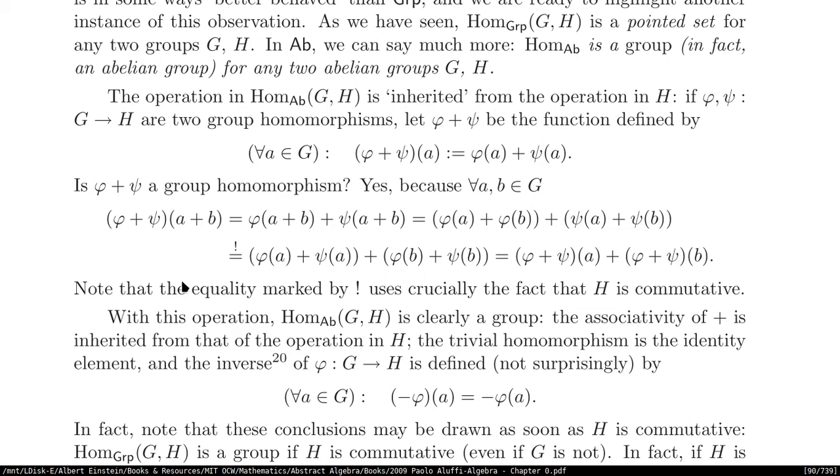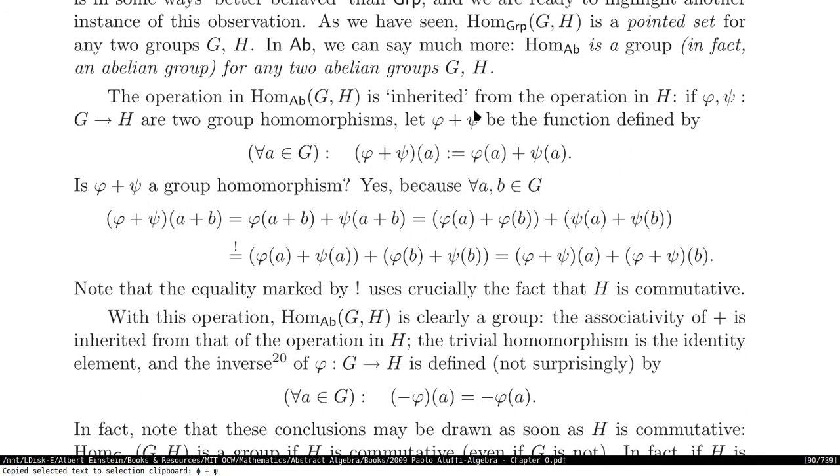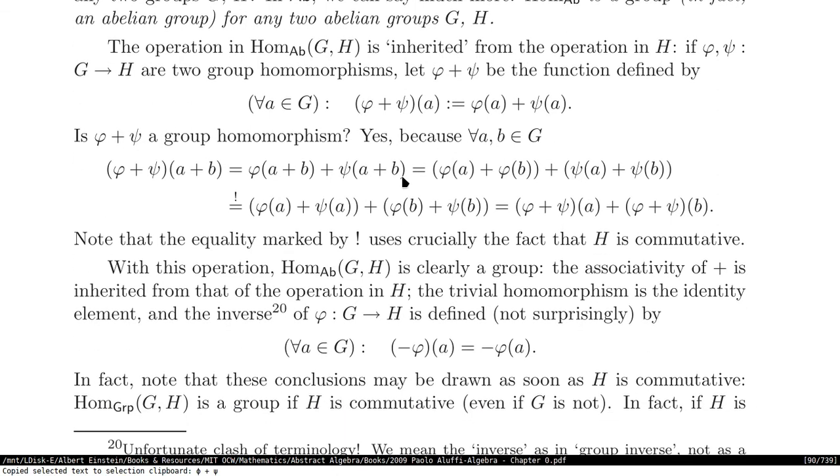This Hom set contains all these homomorphisms of abelian groups, and using this plus symbol where you add two homomorphisms, you get a group homomorphism. From here you can say that this thing actually works as a group, right?